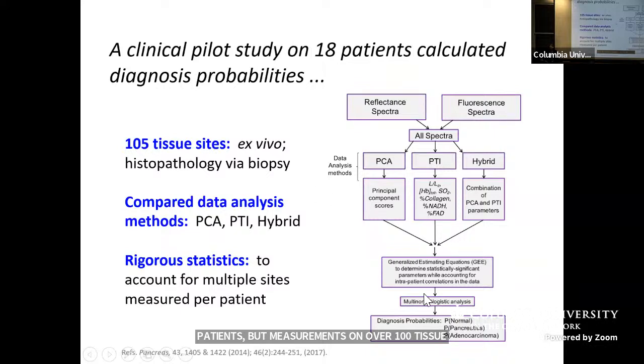So they had a nice scheme using generalized estimating equations, GEE, to account for that potential correlation that might appear in the data. So we developed this rigorous statistical method to account for the fact that we had many more sites than patients. And at the end, we could come up with these diagnosis probabilities, the probability that a tissue measured was normal or inflamed or cancerous.